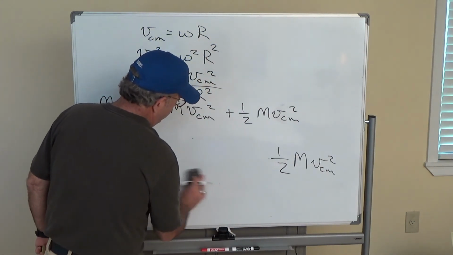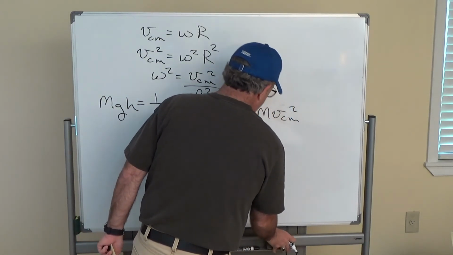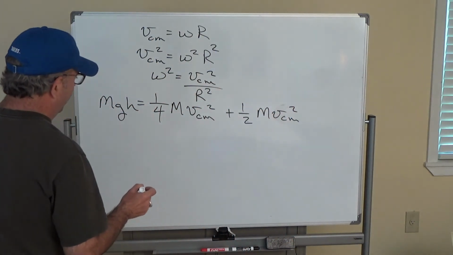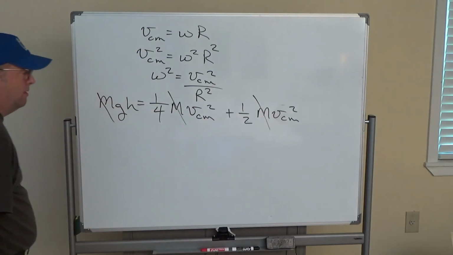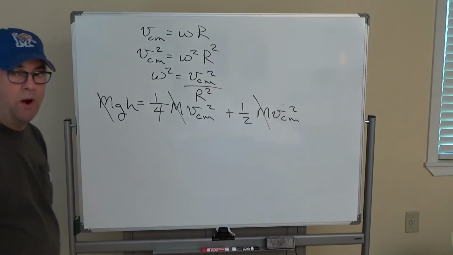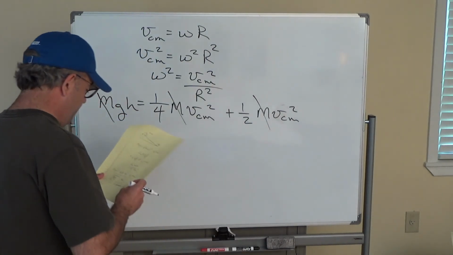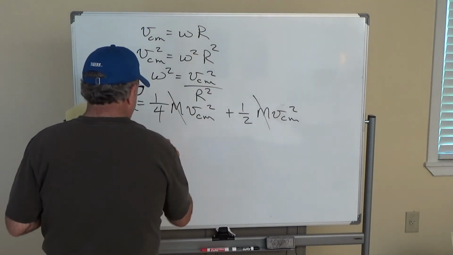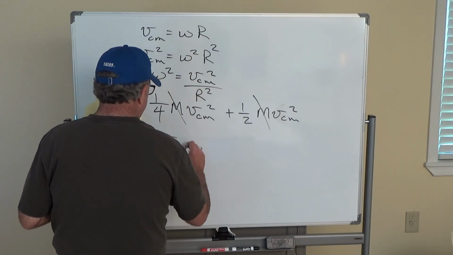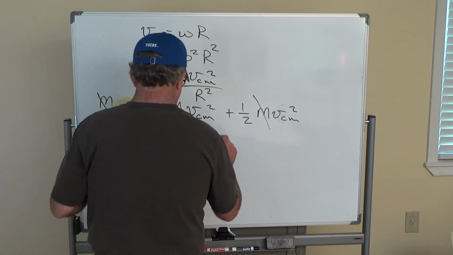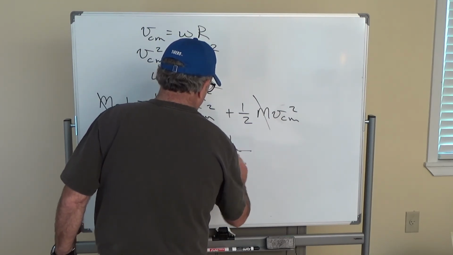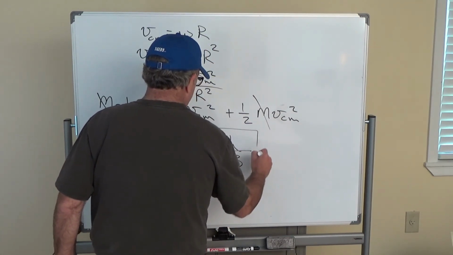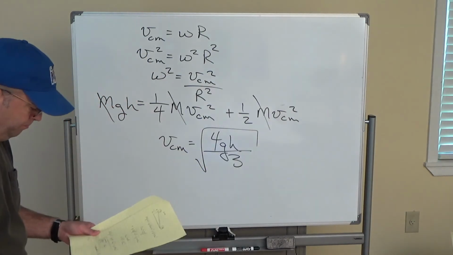Well, here's something interesting. Let's see what we can cancel. It's independent of the mass. That's no surprise, right? And you get V center of mass is equal to the square root of 4gh over 3.